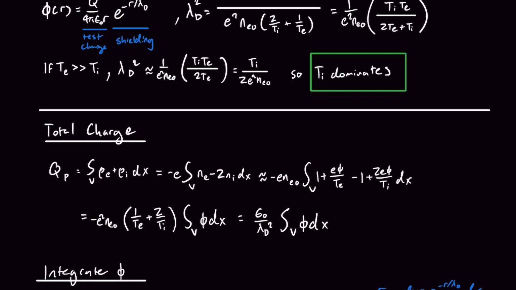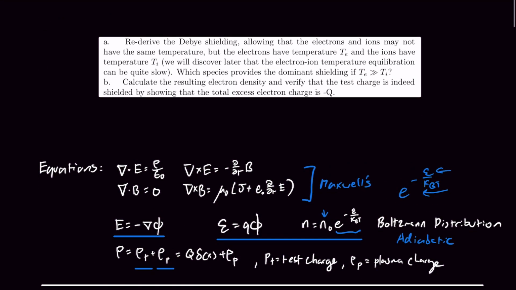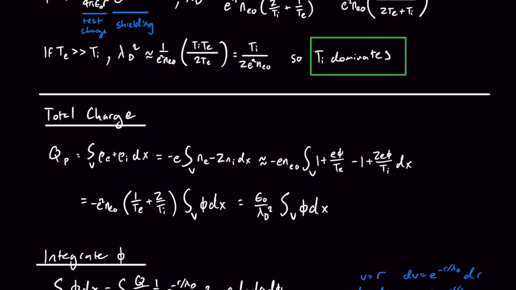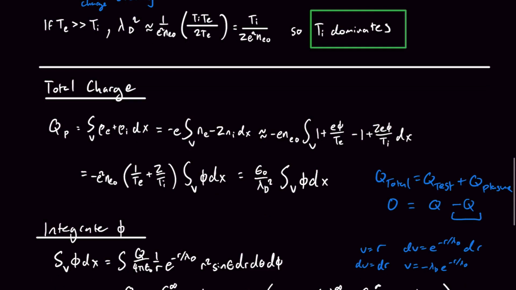So when they're asking for the total excess charge, it's basically saying the total charge is going to be the charge of the test plus the charge of the plasma. And the charge of the test you already know is Q. So in order for this thing to be 0, which means that it's shielded, the plasma charge has to be negative Q.